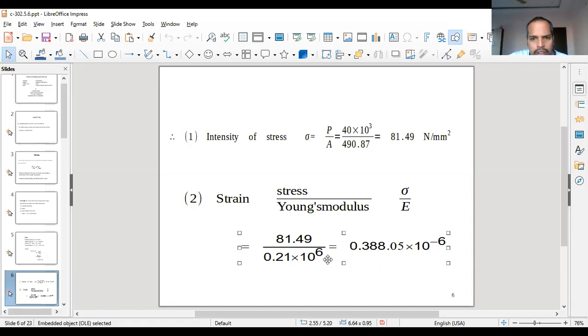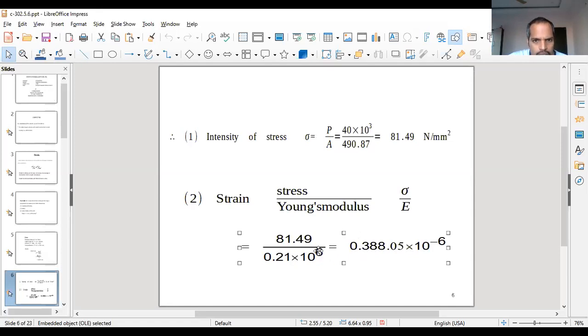So if it goes to the numerator, it will be 10 to the power of minus 6, right? Very simple. Just divide 81.49 by 0.21. We get 388.05, not 0.388, so 388.05, right?